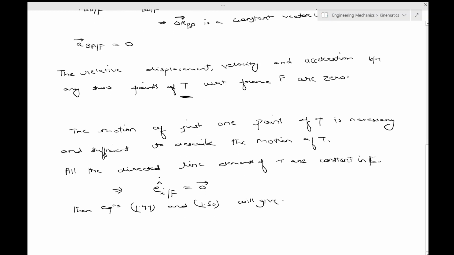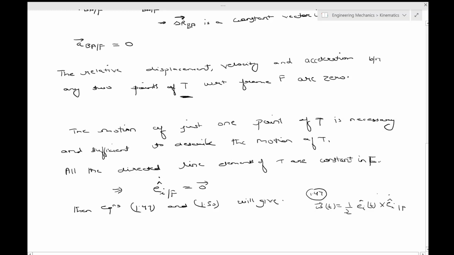So we had 1.47 as omega of t is equal to half into ei cross ei dot with respect to f. So you can see that translation is being made as a special case of a rotation.